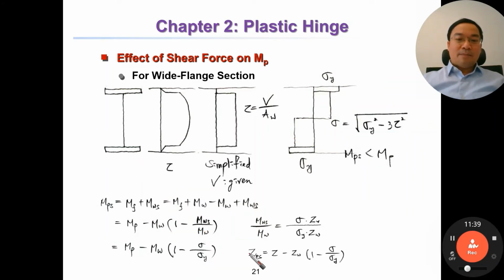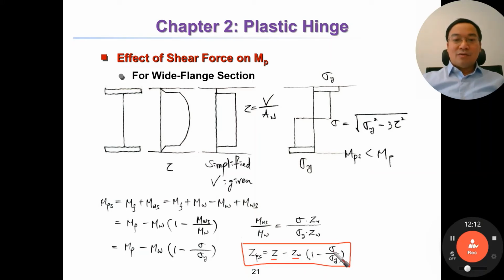Then Ps, Gps, the reduced plastic section modulus equal to the original plastic section modulus minus the section modulus of the web only, plastic section modulus of the web only multiplied by this.